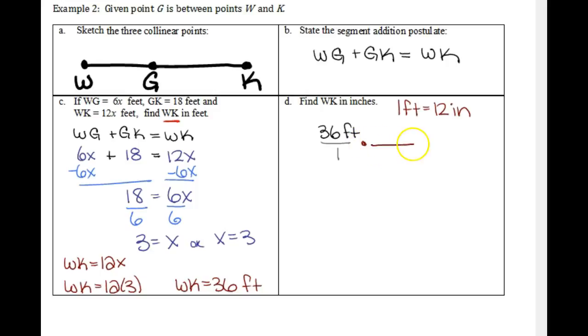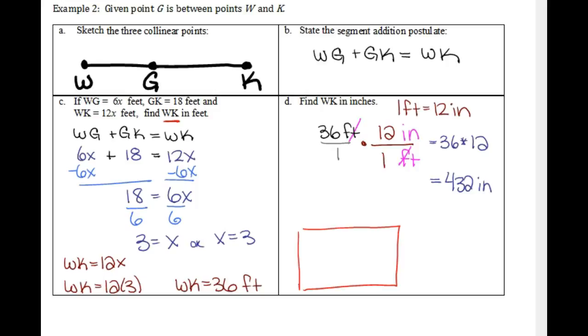So I can multiply by another fraction in such a way that feet goes away and inches stays. Now we need to put our numbers in the correct spot and multiply our fractions together. 36 times 12 is 432.